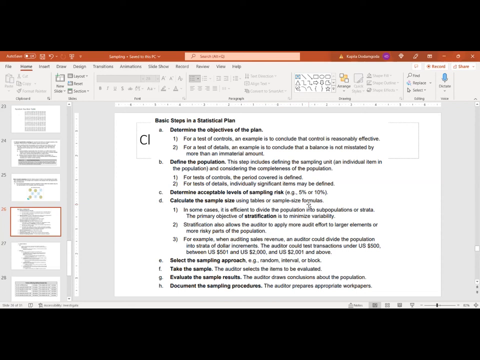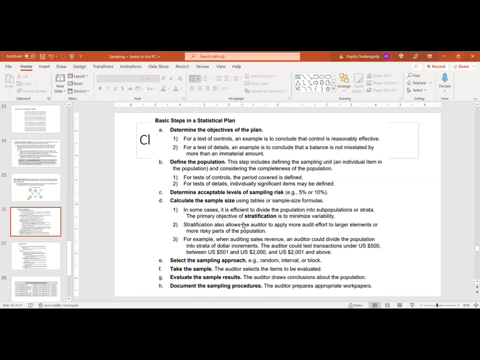Are you going to pick 20 cash payment vouchers or 30 items or 200 items? So you need to decide on the sample size. To do that, either you can use a formula or there are tables which will give you, depending on the level of risk you want to take and the population size, the sample size that you are going to pick.